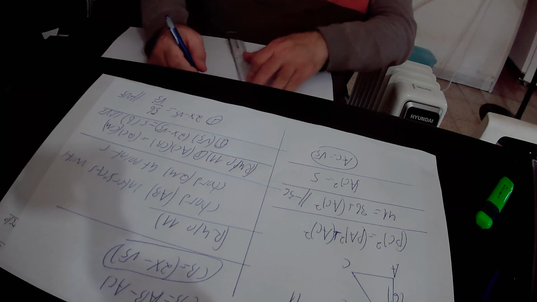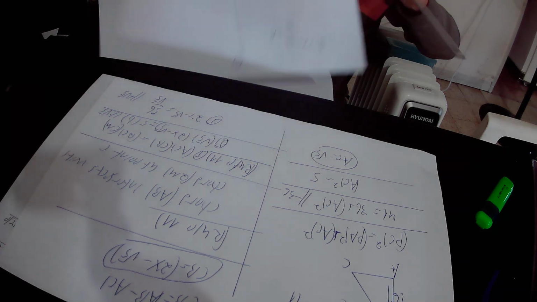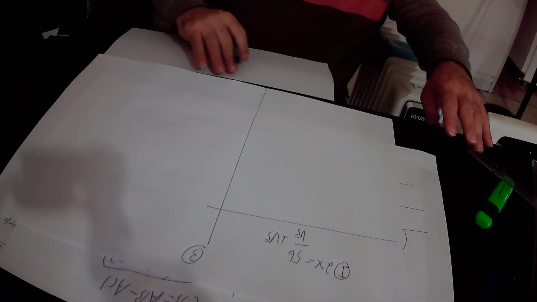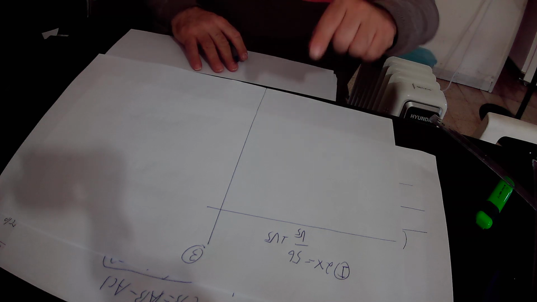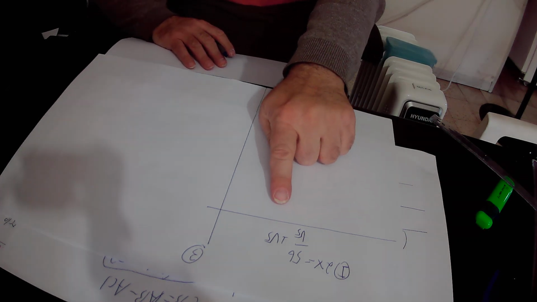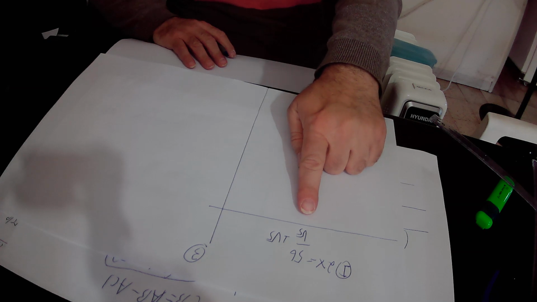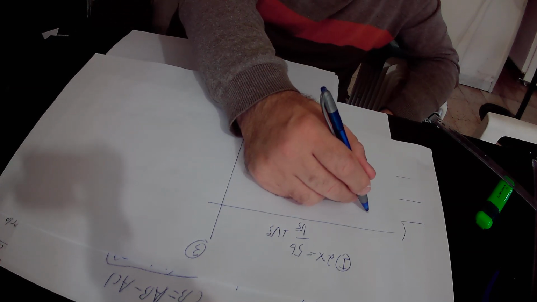Repeat again. We found out that according to equation number 1, 2x equals 5b over square root of 5 plus square root of 5. Here we will multiply square root of 5 by square root of 5 and then divide it by square root of 5 in order to have a common factor with this expression.